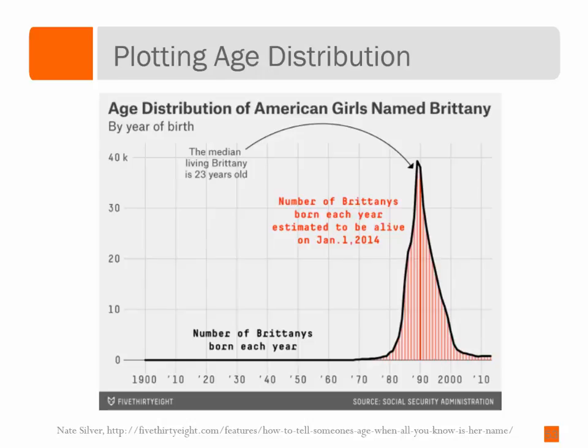The number of Brittanys peaks in about 1990, and then begins to slowly drop off and has plateaued in 2010 with maybe a consistent number. Maybe there's 1,000 or 2,000 Brittanys named each year. So this is an interesting take on some of the same data. If you wanted to get a sense of the number of Brittanys born each year, or how many Brittanys are still alive, that might give you a sense.